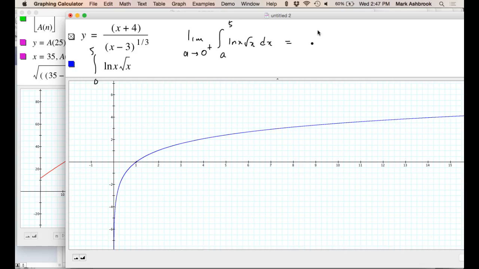And tell me again what it was. 2/3 x to the 3/2 ln of x minus 4/9 x to the 3/2. And so we want the limit as we go from a to 5.